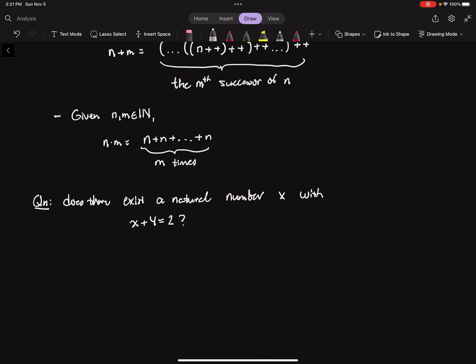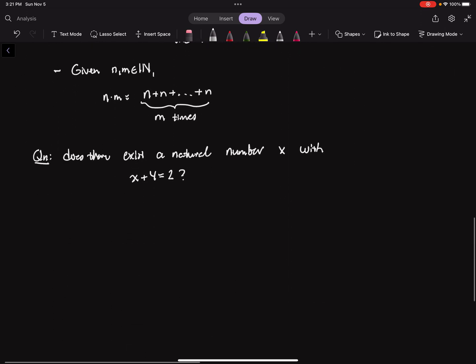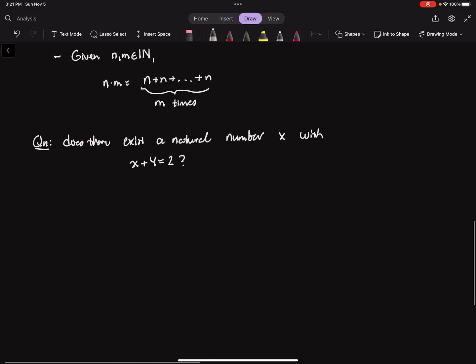Okay, does that exist? And remember, natural numbers are just these numbers 1, 2, 3, 4, 5, etc. And in fact, no, this doesn't have a solution in natural numbers.